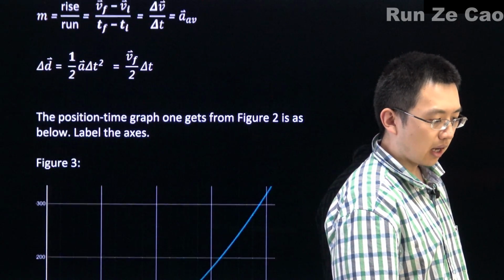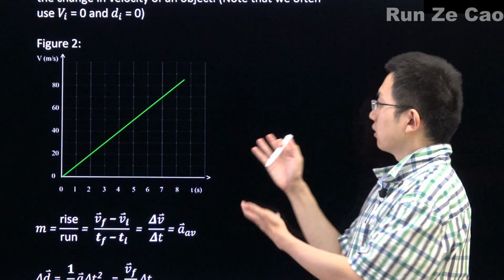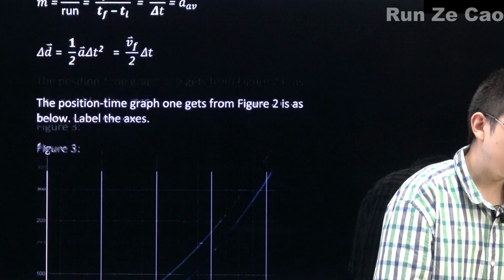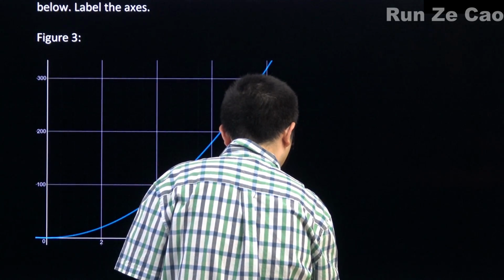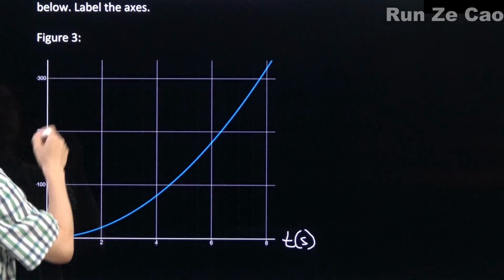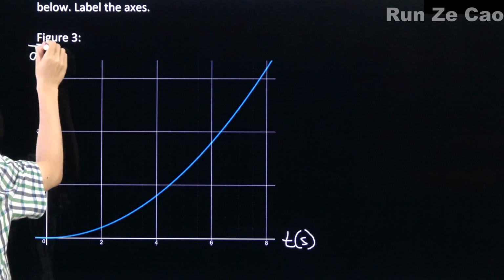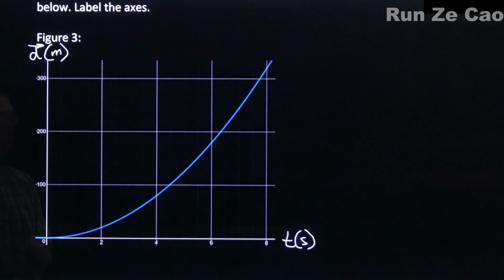This is a position time graph based off of this velocity time graph. Well, we know that time is still the horizontal axis. Time in seconds. And here we have displacement in meters, or position in meters.